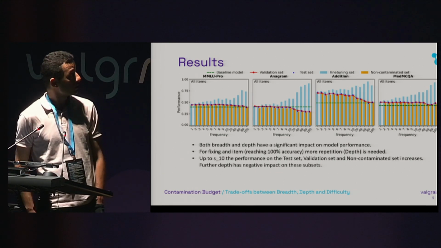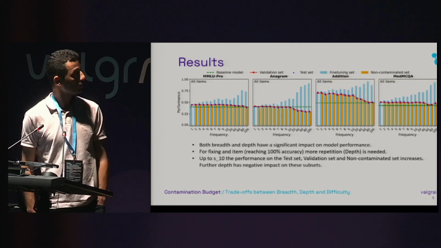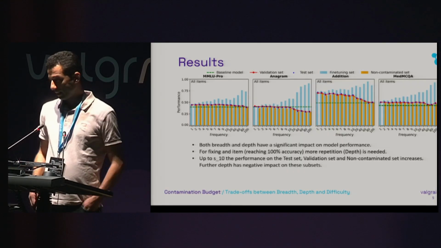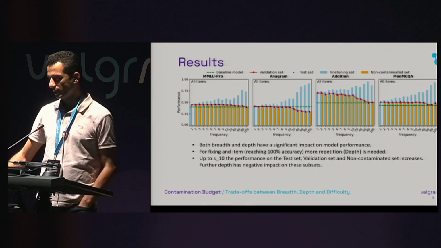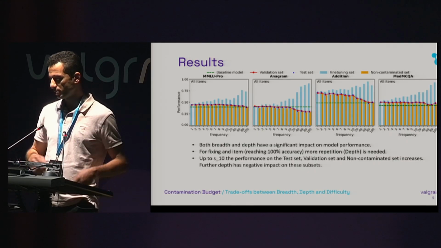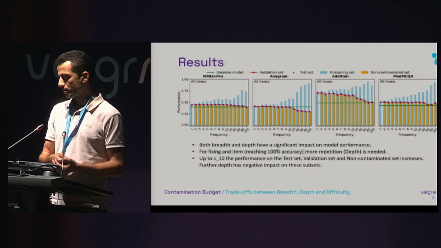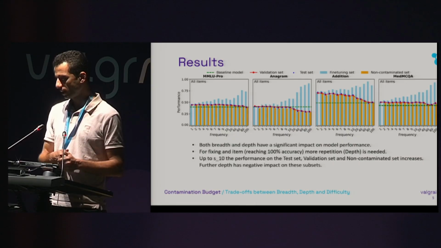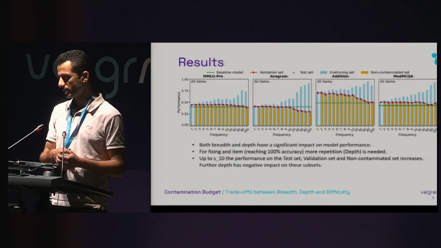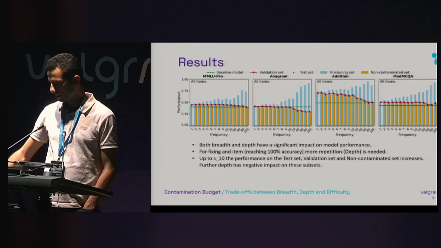And the results, maybe I don't have time to explain everything, but if you only look at the blue and orange bars, the blue bars show the performance of the model after fine-tuning on those items that we put in the training set, and the orange bars show the performance of the model on the items that we didn't put in the training set.